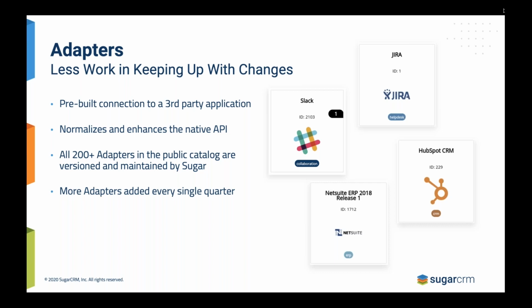So there's a very wide set of applications that you can support through Sugar Integrate, through the pre-built adapters, and more are added every single quarter. So we're always adding more adapters all the time, based on, hey, what are the hot new applications that are coming out that our customers need.